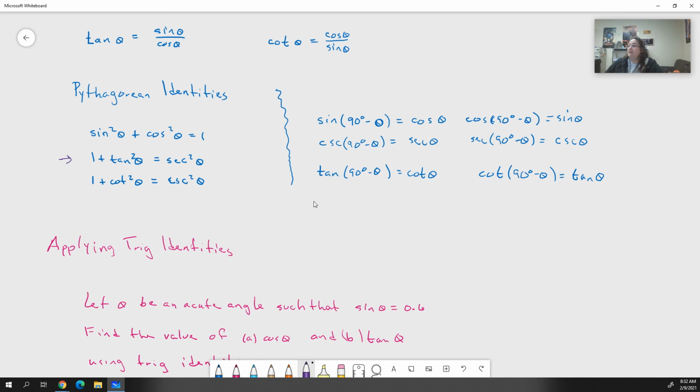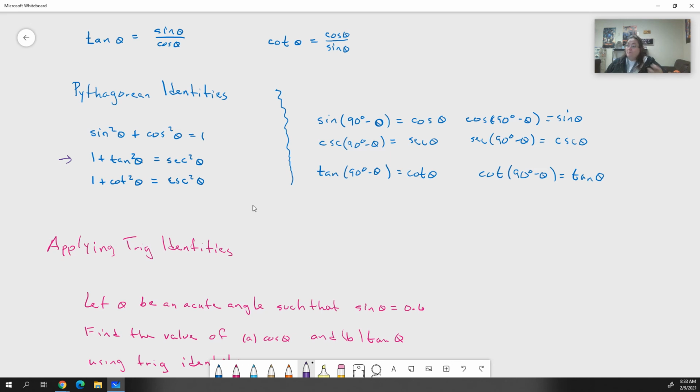I like this one because it's got tangent and secant, and I know I have 2 of those. I know I'm looking for the secant, and I have the tangent. This one doesn't work for me because it's got the cotangent, which we have, but we don't have the cosecant. We're not looking for either of those.